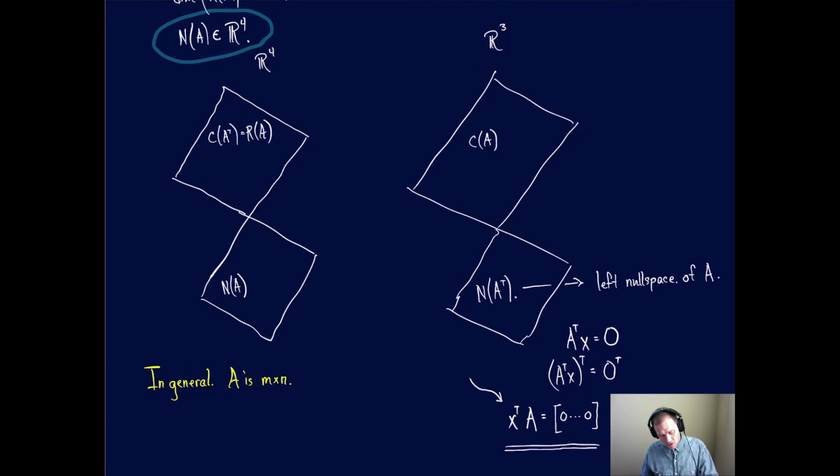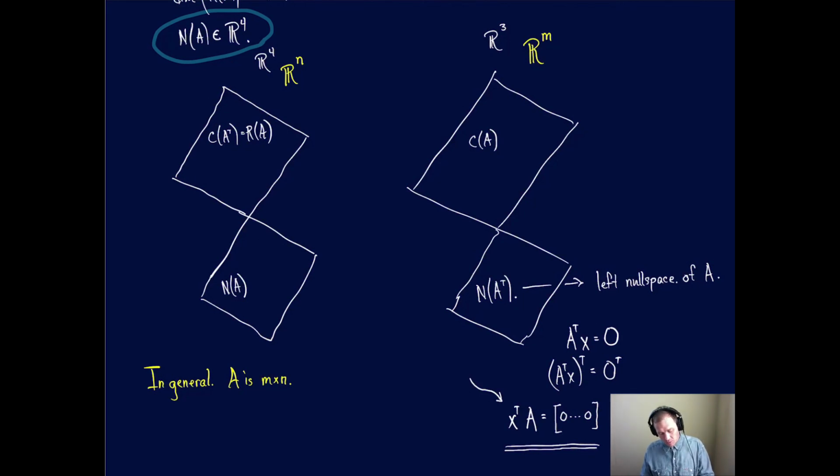So the number of rows, this is the space Rm. This is where my column space lies. So my row space lies in Rn. Think of the number of components in the rows, so it's Rn.